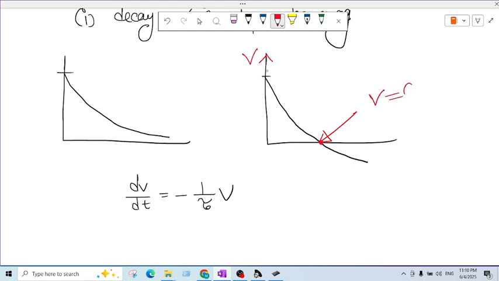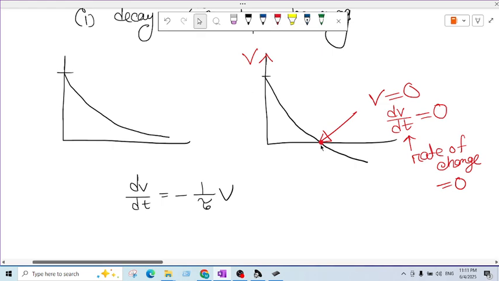Clearly v is equal to 0. And if v is equal to 0, from this equation we can say that dv by dt is equal to 0. And what is dv by dt? The rate of change, right? As the rate of change at this point is 0, that means the voltage cannot change at this point. That means the voltage cannot be negative.